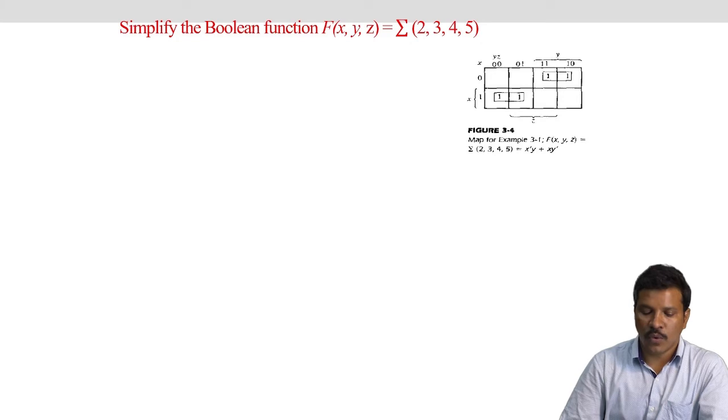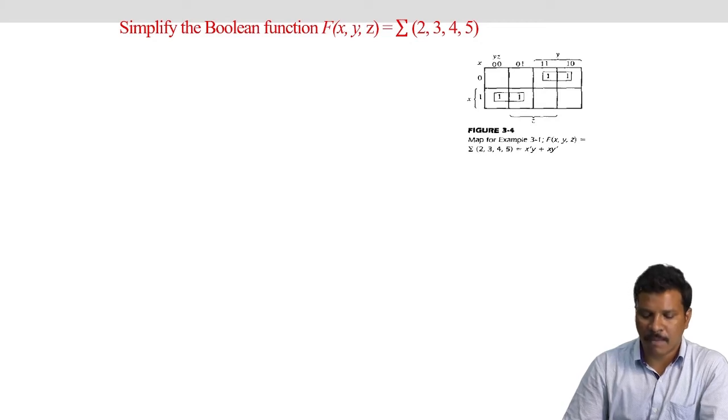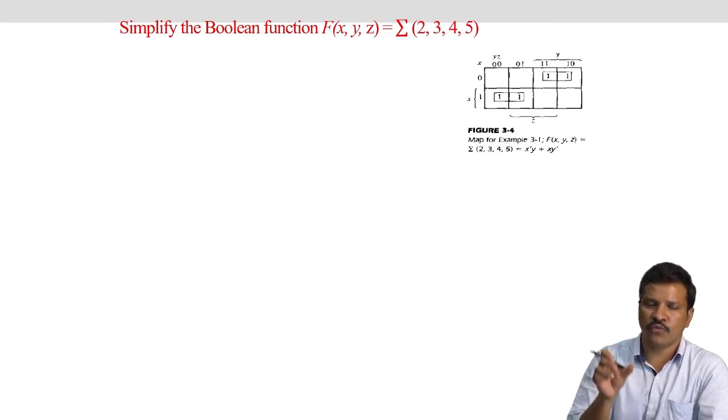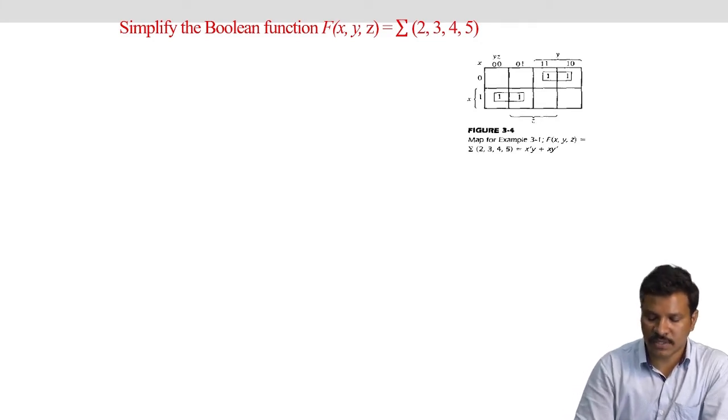So how do we take this 3 variable function and place it in the K-map? First, it is a 3 variable K-map. We can have two possibilities: one way is 2 rows and 4 columns, or 4 rows and 2 columns. I am interested in taking 2 rows and 4 columns.